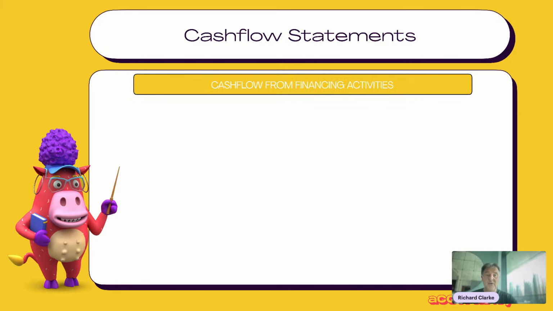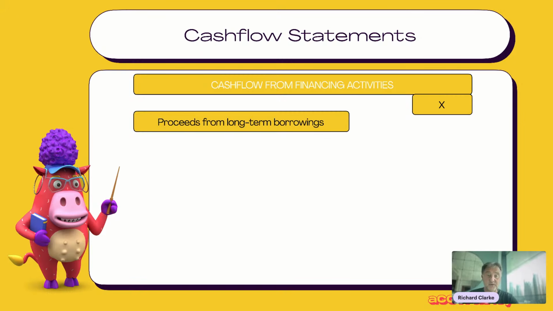How you finance your business is either by issuing shares or by issuing a loan. And it could be paying back shares or paying back a loan. Again, we have a problem with the first line. That should say the money coming from issuing shares.